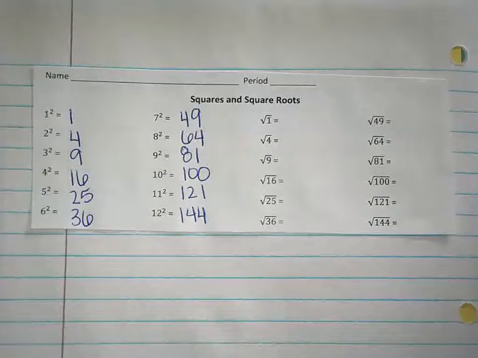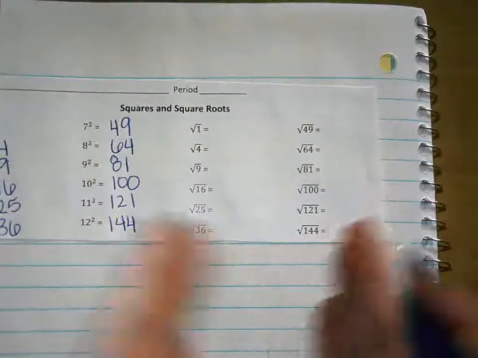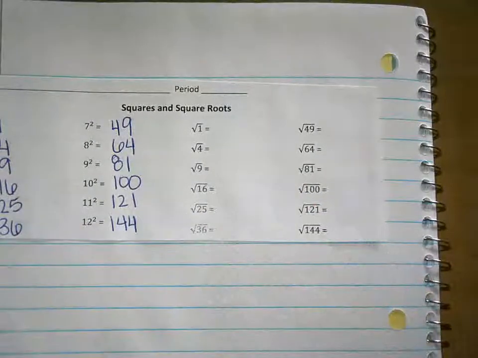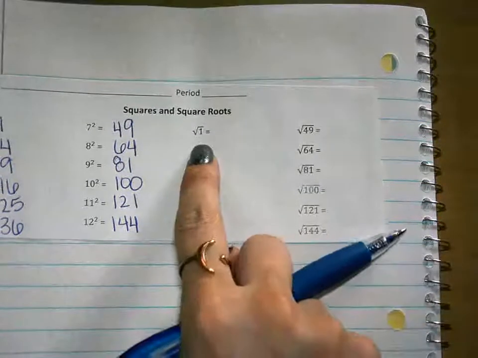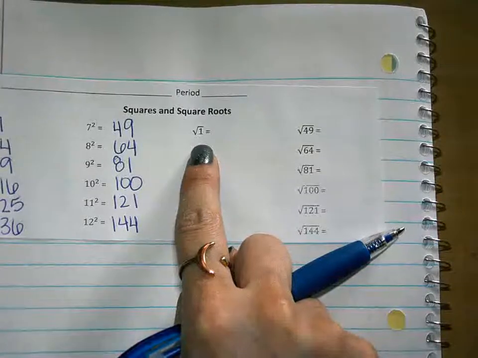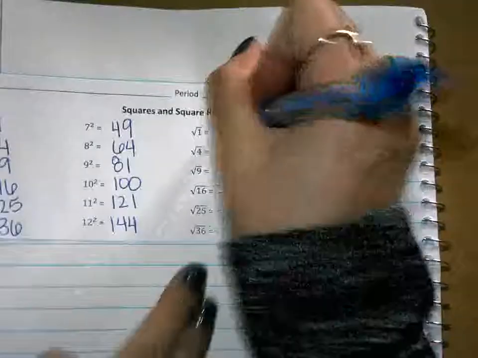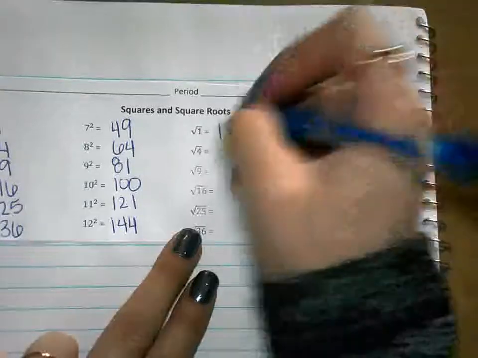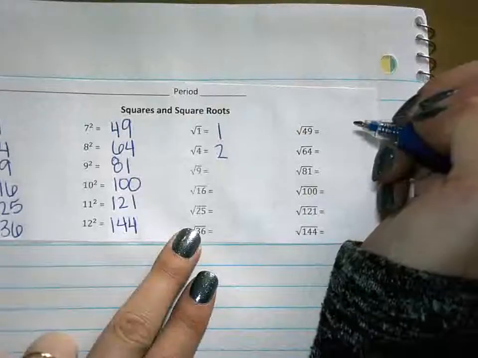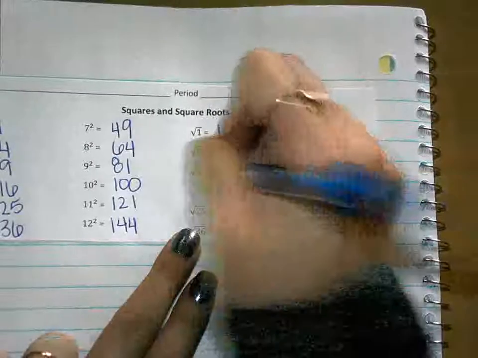How many of us have all of that memorized already? So I'm really hoping everyone has most of that memorized. So then you look at your roots, and your roots are the exact same numbers, they're just the opposite. Okay, so you're taking that square root, and I want to know the square root of 1. What's the square root of 1? 1. What's the square root of 4? 2.